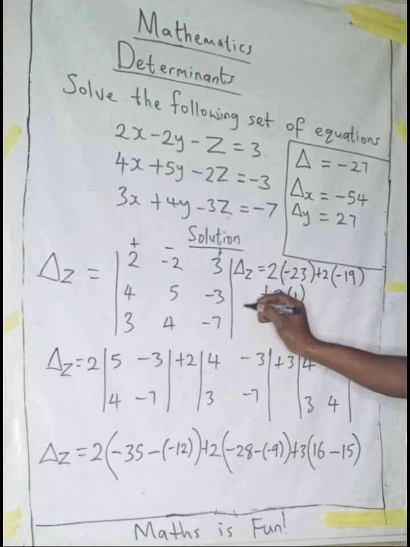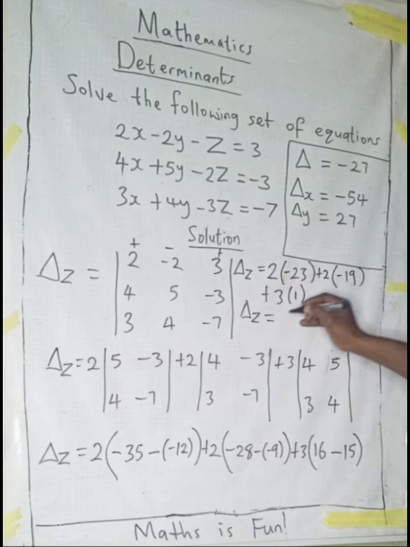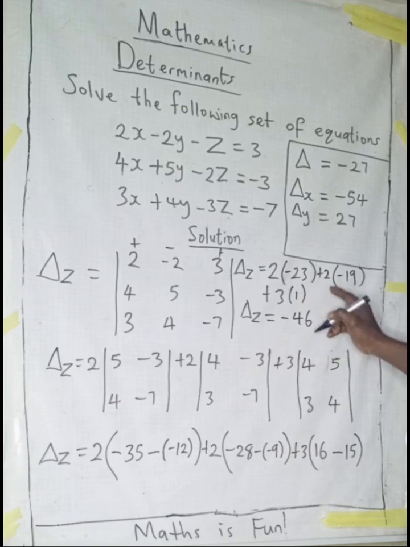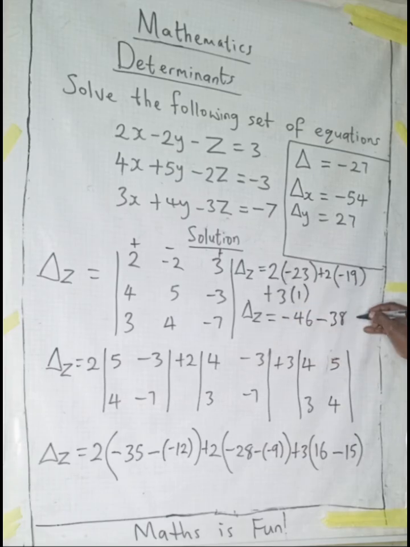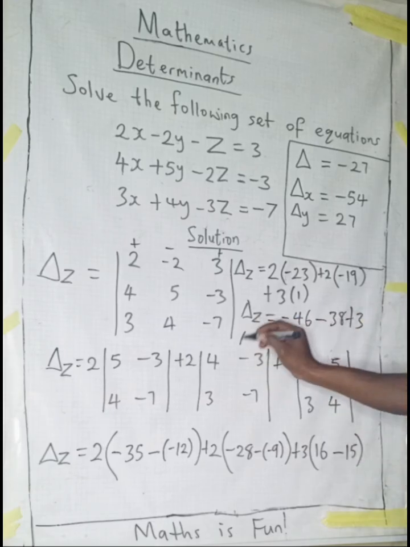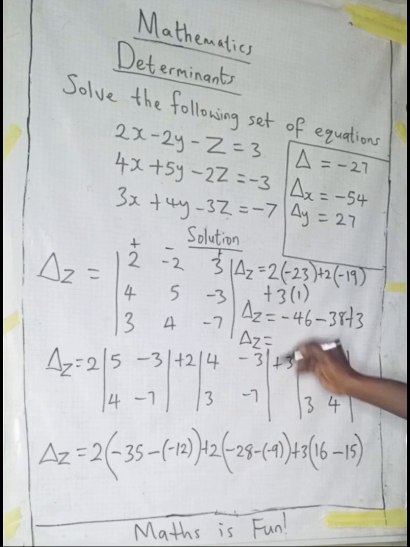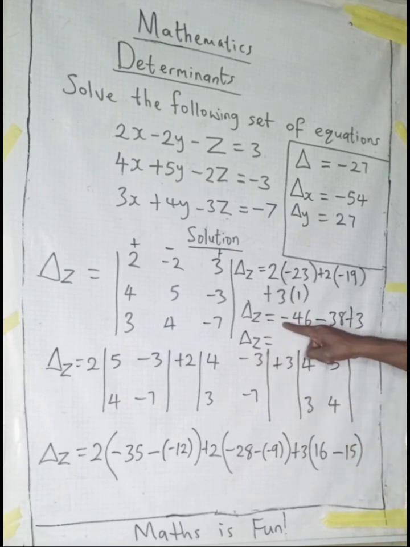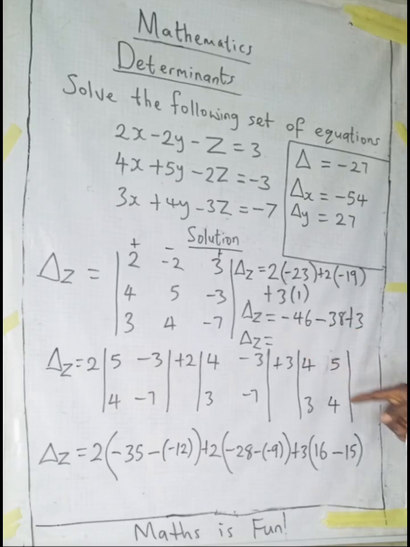So change in z will be multiply, what do you have? Minus 46, multiply minus 38, plus 3. So change in z will finally be equal to minus 46 plus 3, which is 3 minus 46, which is what? Minus 43.